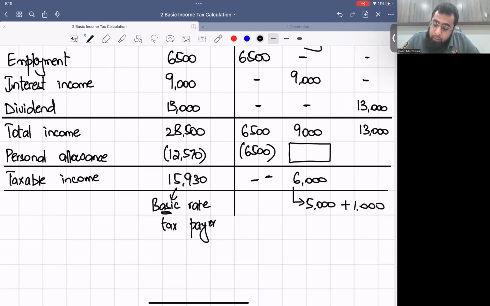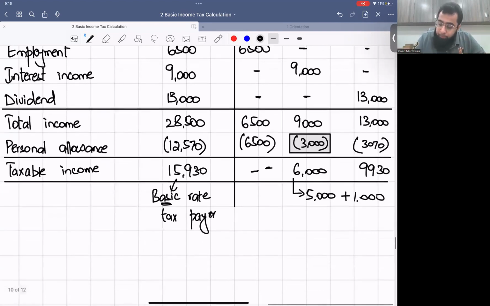So I will only use 3,000 of my allowance here and the remaining against dividend income. 12,570 minus 6,500 minus 3,000. So it's 3,070. This gives me dividend income of 9,930. Okay, so it's now just routine working.